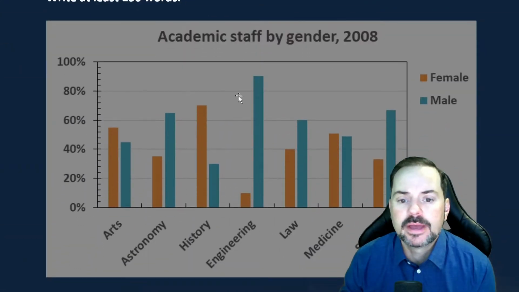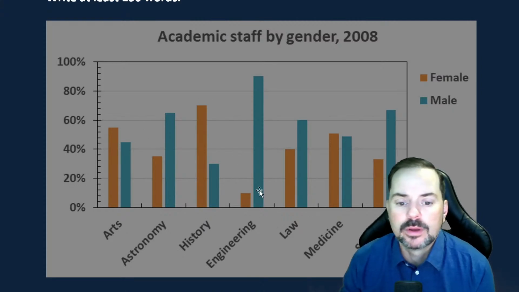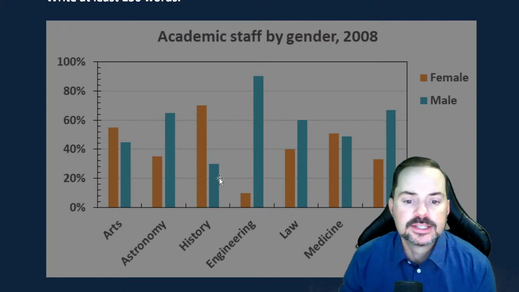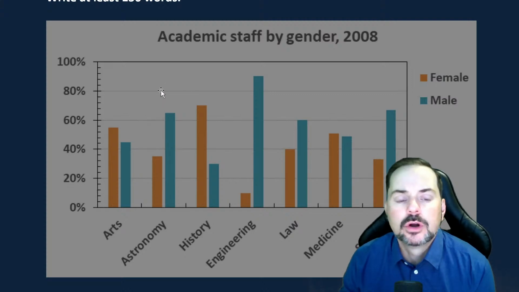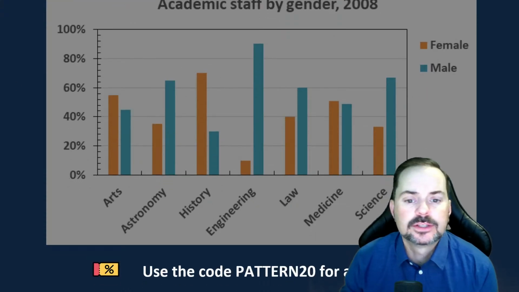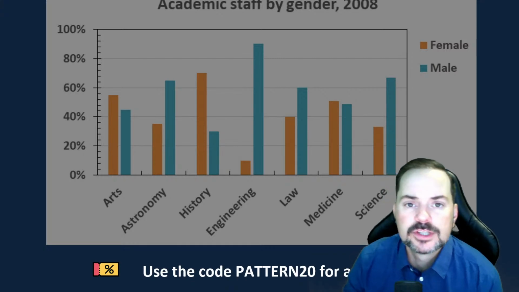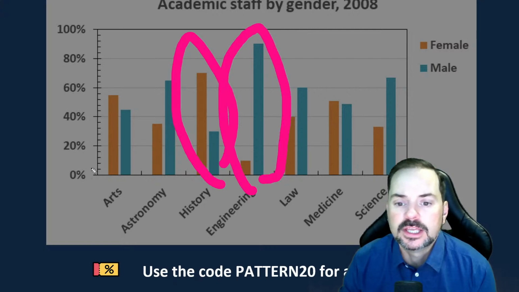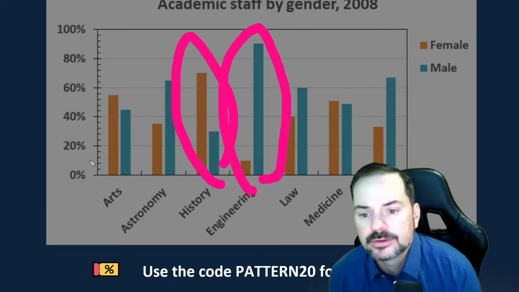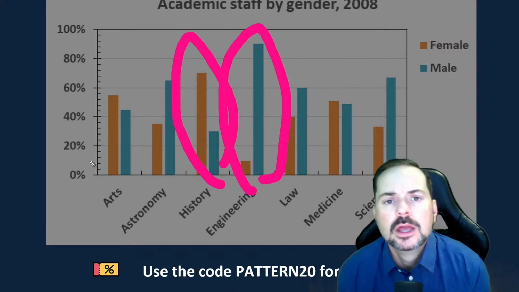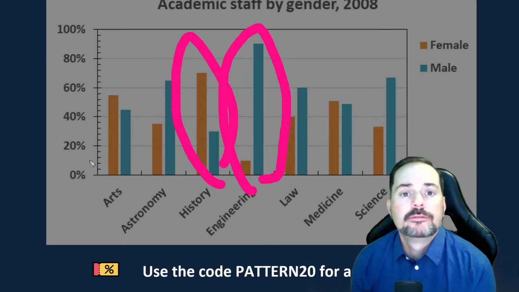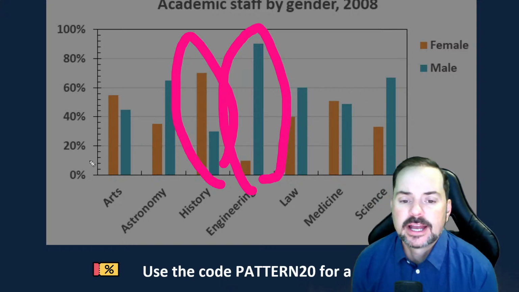So most of the men were in engineering, and the least amount of women were in engineering, and the most women were in history, and the least men were in history. So a lot of students tend to fall into this oversimplified concept of the overview where they go for most and least, which are these ones here, okay? But that's not considered expert level of academic English on the academic IELTS exam.